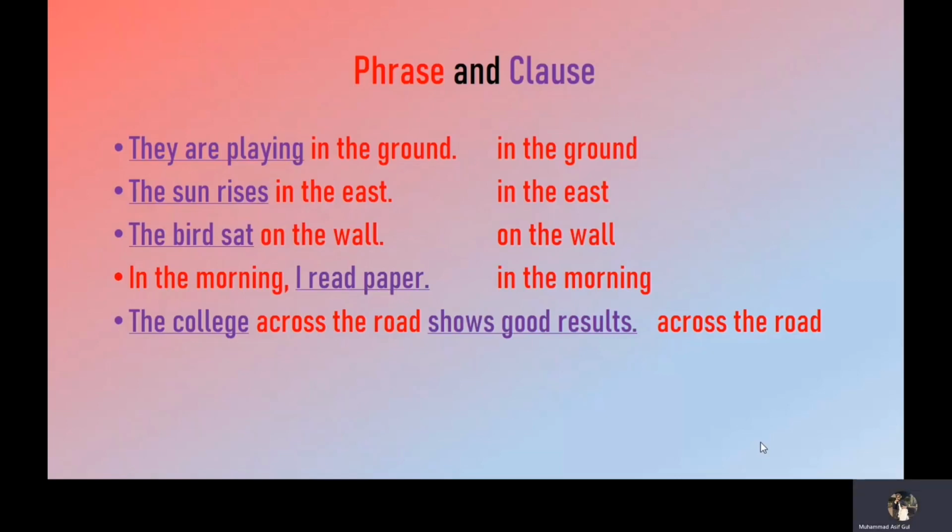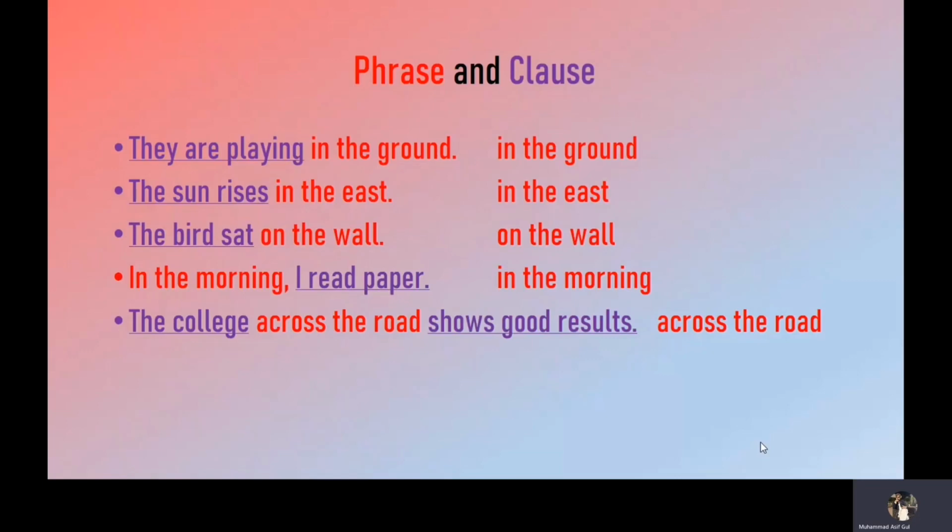When we say independently, we mean that when we place it separately out of the sentence, then it does not convey complete meaning.